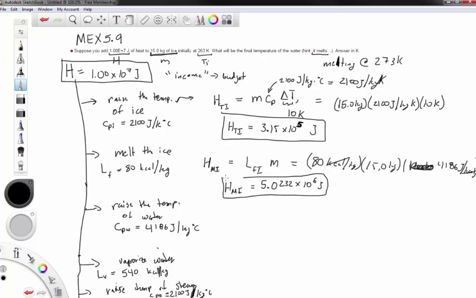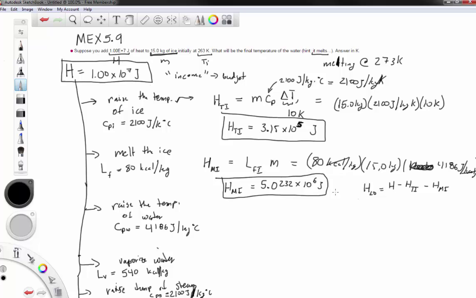Okay, so that's actually fairly substantial given that we started with 1 times 10 to the 7 joules. If you put these two together and subtract, you get how much is left over for raising the temperature of water. And just to be safe, let's do that step right now. So I'm going to say heat left over is equal to heat minus the heat from temperature of ice minus the heat that goes into melting the ice.